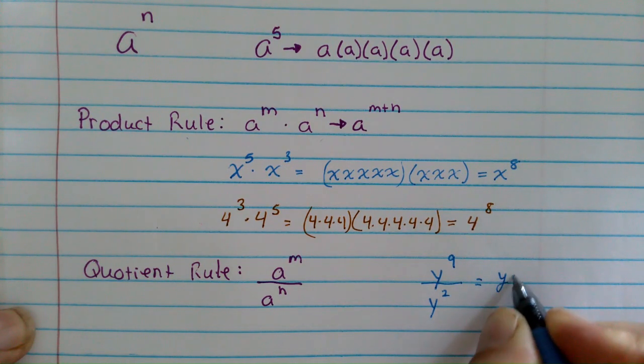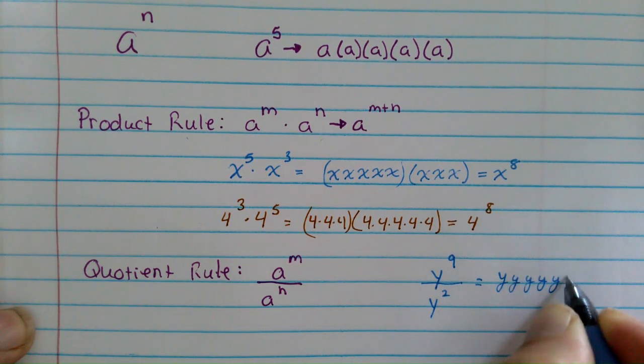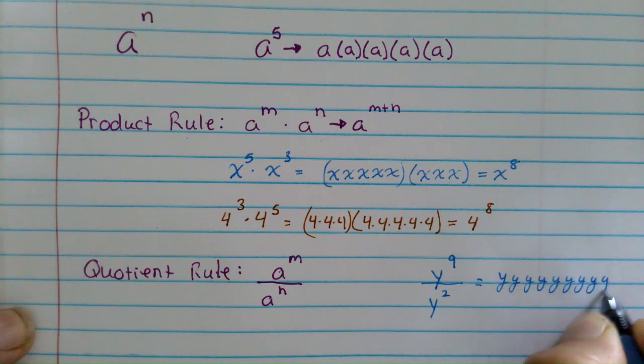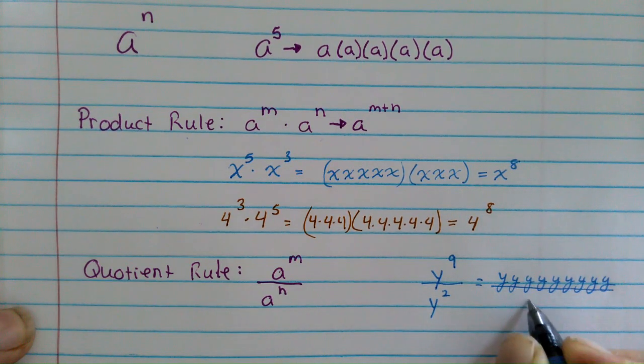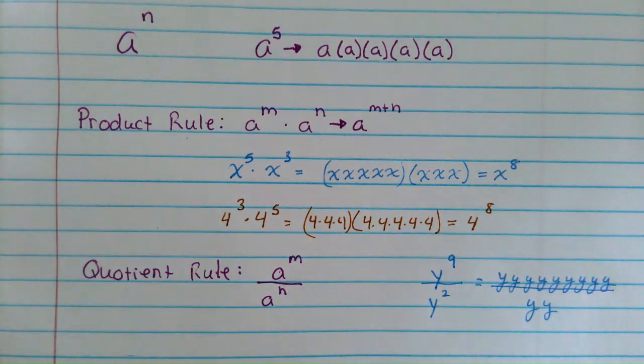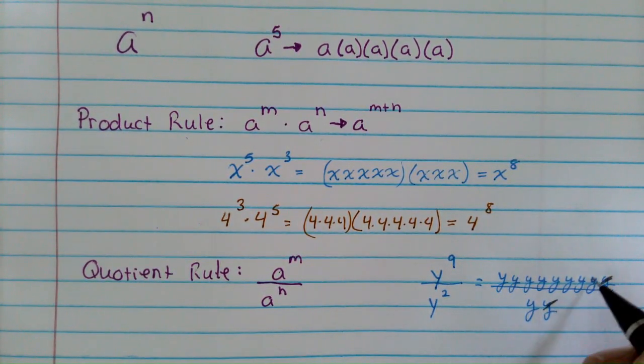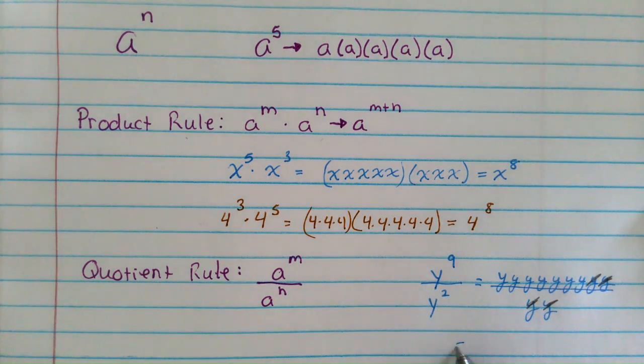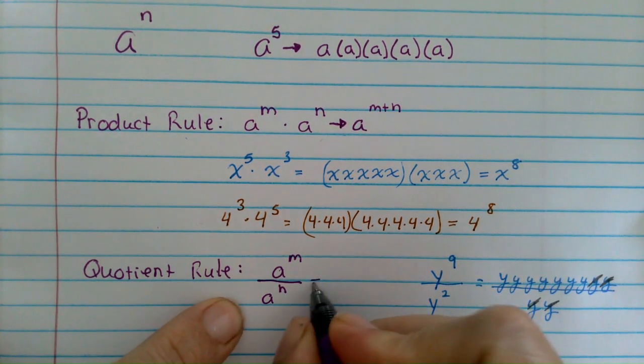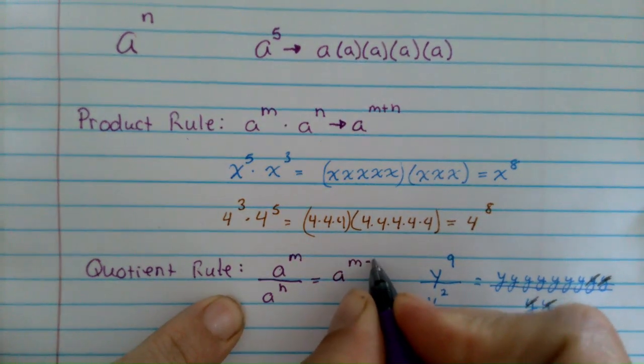So we'd have 1, 2, 3, 4, 5, 6, 7, 8, 9 on top, and 1, 2 on the bottom. And we can back it off. We can take 1 away from each, and we can take a 2nd away from each. So we're left with y to the 7th. So this equals a to the m minus n.